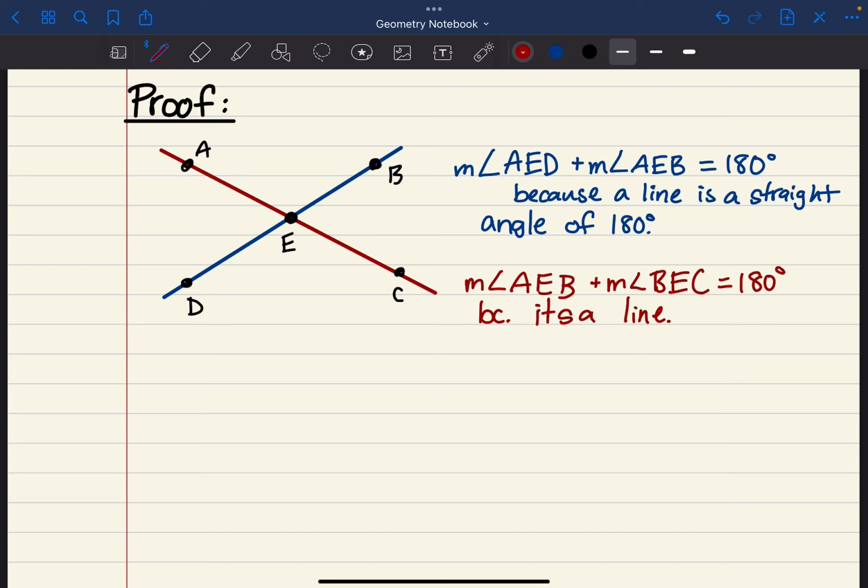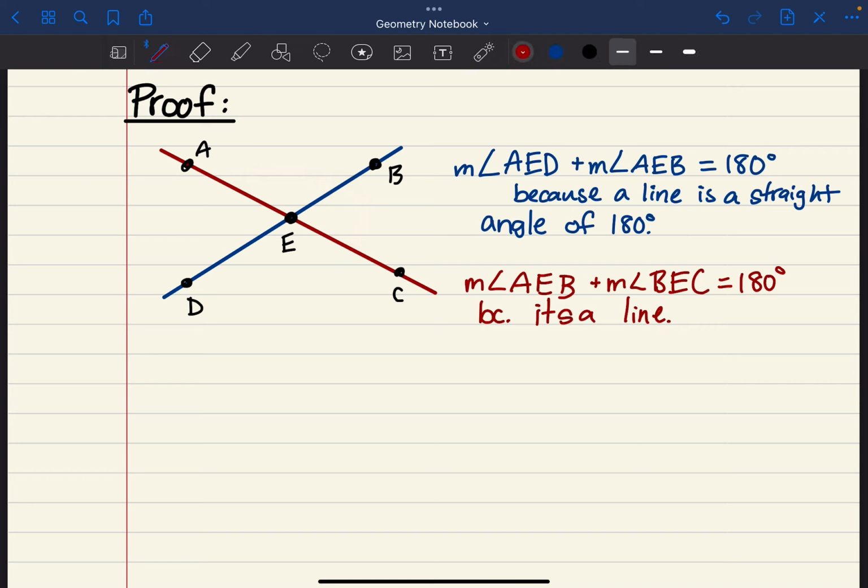So we now know that they both add up to 180, but how can we prove that our vertical angles will always be congruent? If you noticed, I used the same angle in both equations. That's AEB, because DEA plus AEB makes 180, and AEB plus BEC also makes 180.